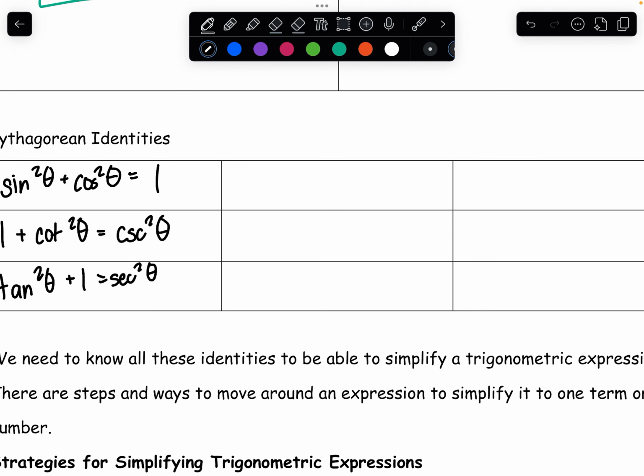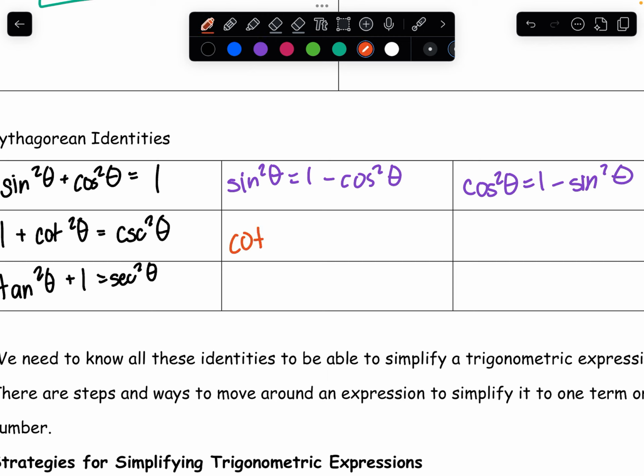And so we can get sine squared theta equals 1 minus cosine squared theta, and cosine squared theta equals 1 minus sine squared theta. On the next one, we can subtract 1, so we get cotangent squared theta equals cosecant squared theta minus 1, and then 1 equals cosecant squared theta minus cotangent squared theta.